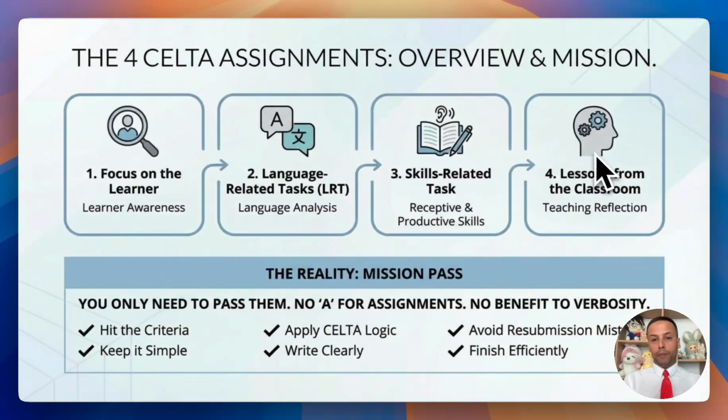Number 4, lessons from the classroom. This is teaching reflection. This is the last one. You reflect on your own teaching practice, what worked, what didn't, and what you will change. And you must be honest.